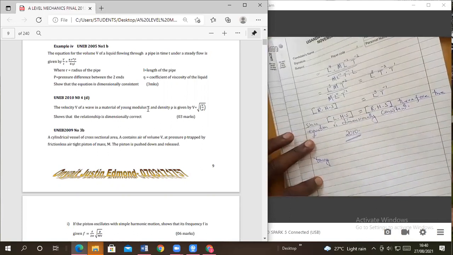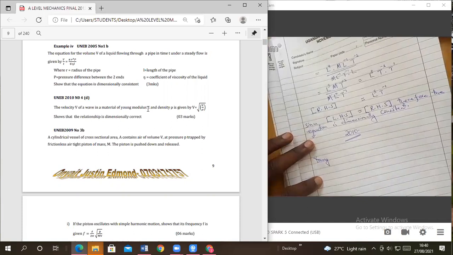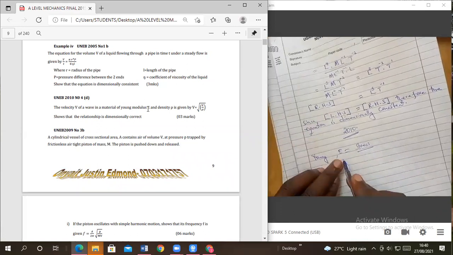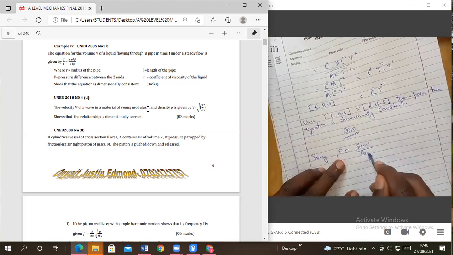Young's modulus is what? Ratio of stress to strain. Young's modulus E is stress over strain.